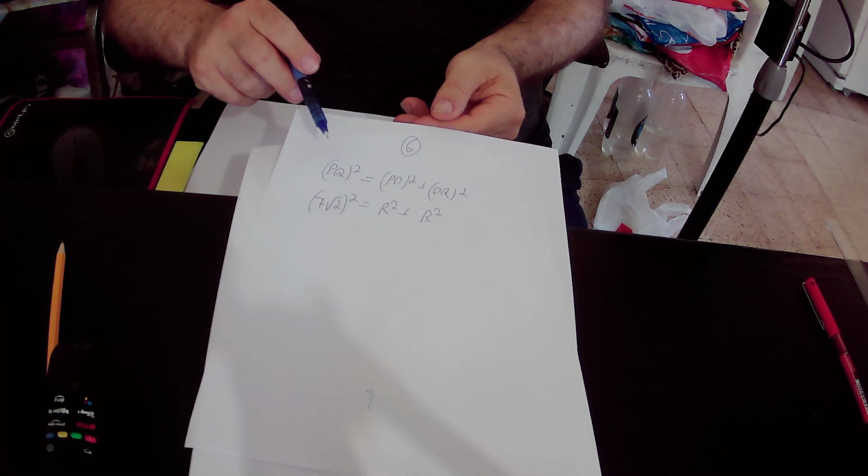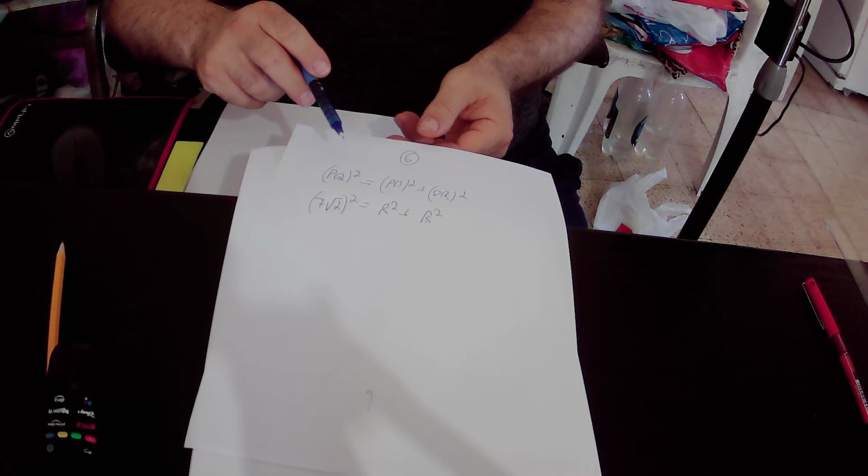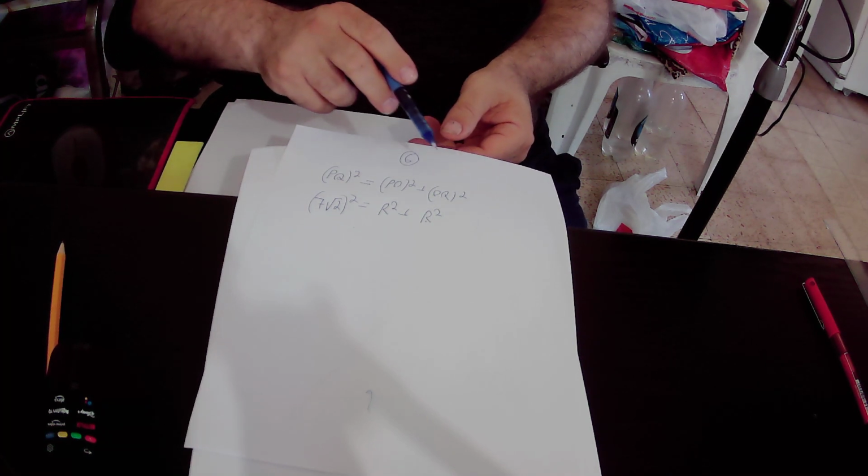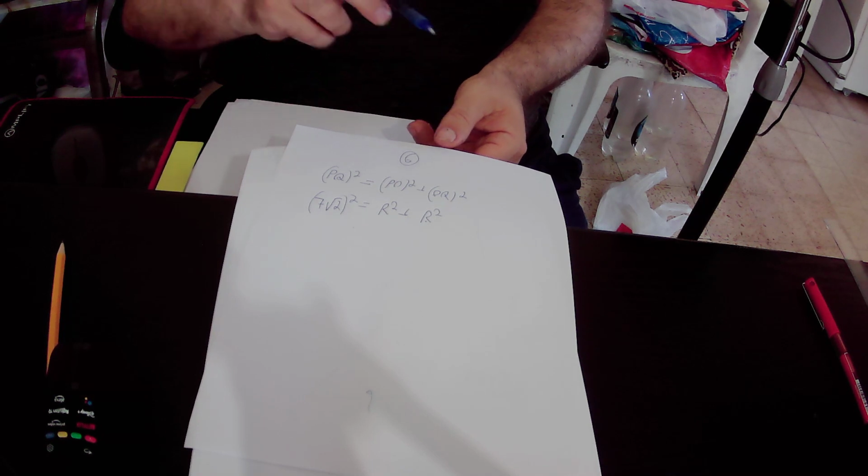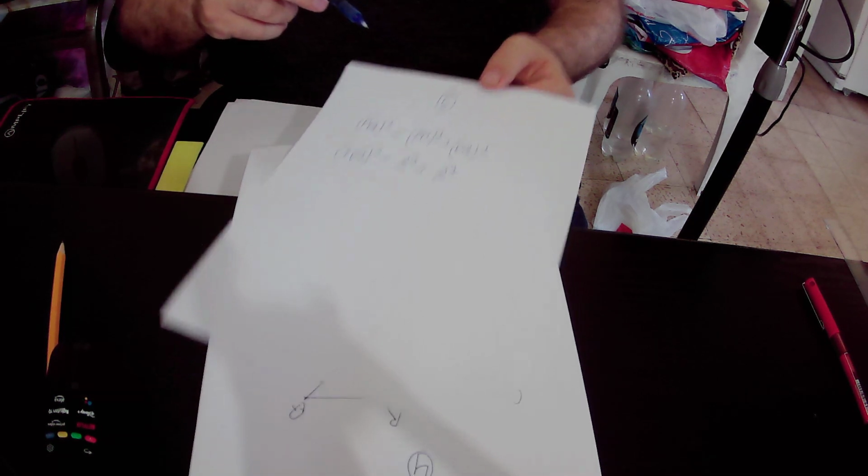So in total we have 49 times 2 equals to R square plus R square, and R square plus R square equals to 2 times R square.